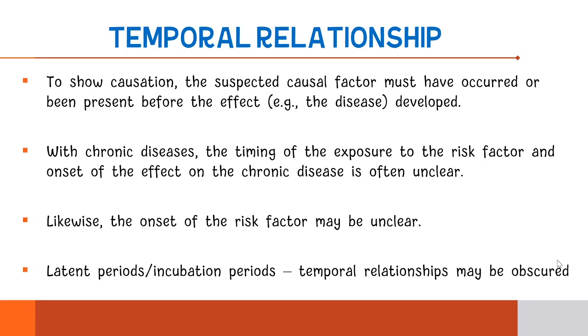But sometimes, in a certain individual, it does not appear until several years after, so it depends on the body. So that is why, as mentioned here, the temporal relationship may be obscured because of the variation of the latent period and incubation period of such diseases.